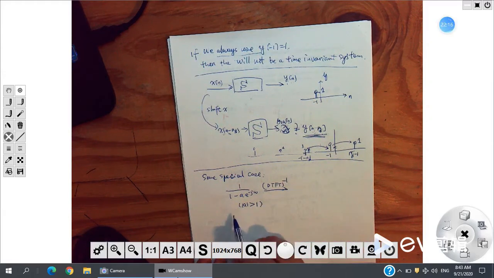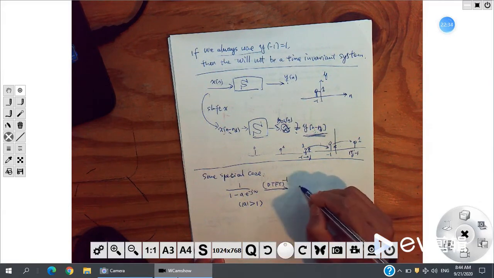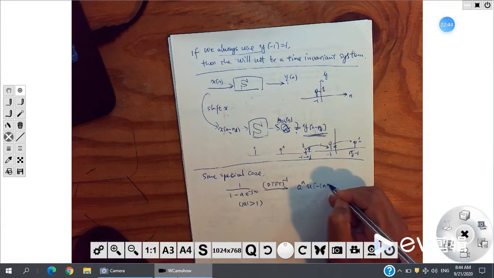In this case, we cannot use the Fourier transform directly. You check the table. We do not have this. So you need to make some change. The result will be, I forget last time, but I think after some change it should be like this. Still a to the n, u of negative of n plus 1.